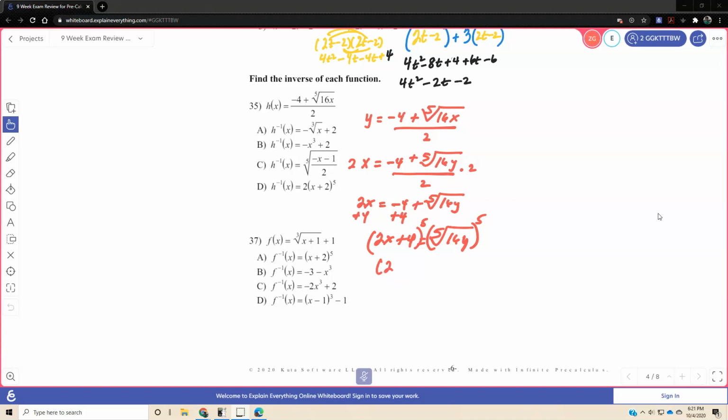So you have 2x plus 4 raised to the fifth is equal to 16y divided by 16. So the inverse of h is 2x plus 4 raised to the fifth power divided by 16.